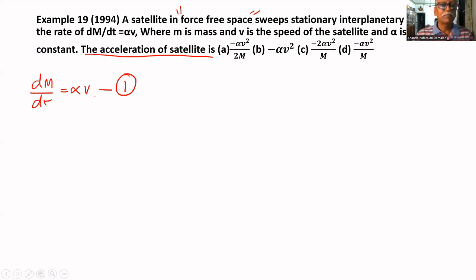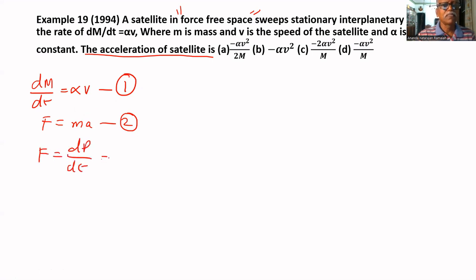We know that F equal to mass into acceleration. We also know that F equal to dp by dt, where P equal to mv.